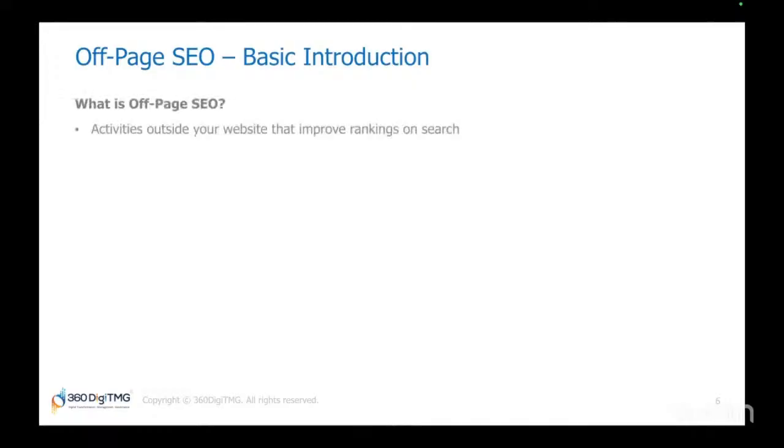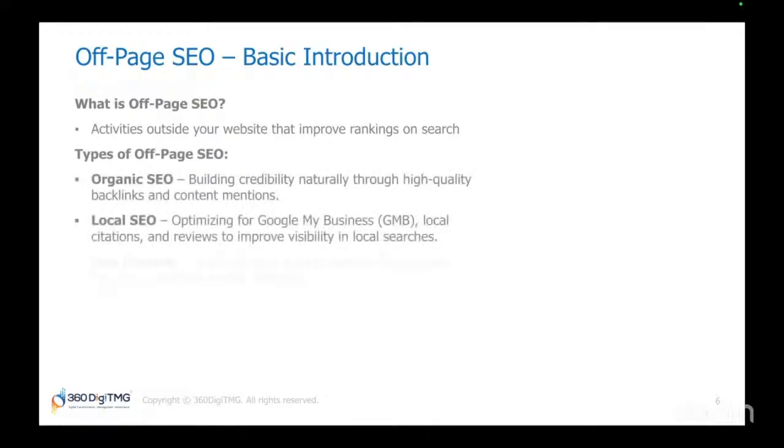We also had a basic introduction to off page. What do you mean by off page? We need to get backlinks from third party websites. When I say third party websites, you can also consider social media backlinks, but you won't get do follow backlinks from social media. We need to get higher rankings on Google SERP, the search engine results page, and for that we need to get do follow links.